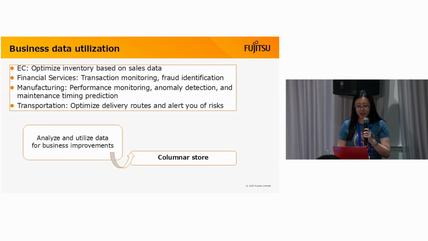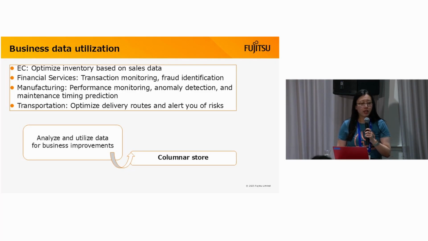Financial services can help identify fraud by monitoring transaction history. In the manufacturing industry, data acquired from sensors is used to monitor machine performance, detect temperature rates, and predict machine maintenance timing.